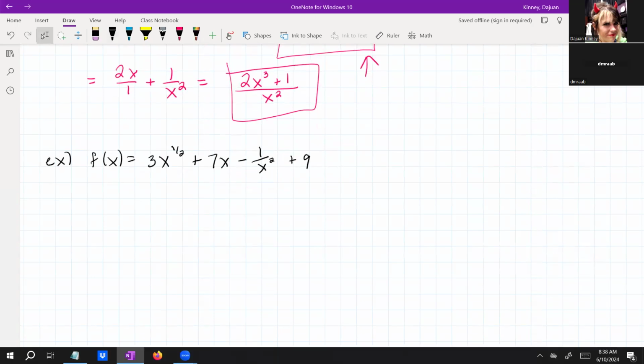I'm going to clean up one step. We'll go this direction. So 3x to the half plus 7x minus x to the negative 2 plus 9. Now it's in a format we can deal with a little easier.